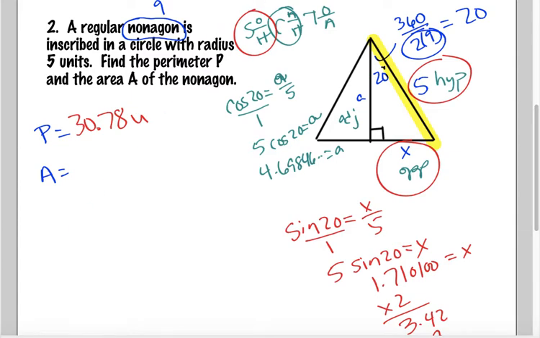So I'm going to change colors here. So the area we're going to find by doing the apothem, the 4.69846 number, times the perimeter, and divide by 2. That totally doesn't look like a 2.